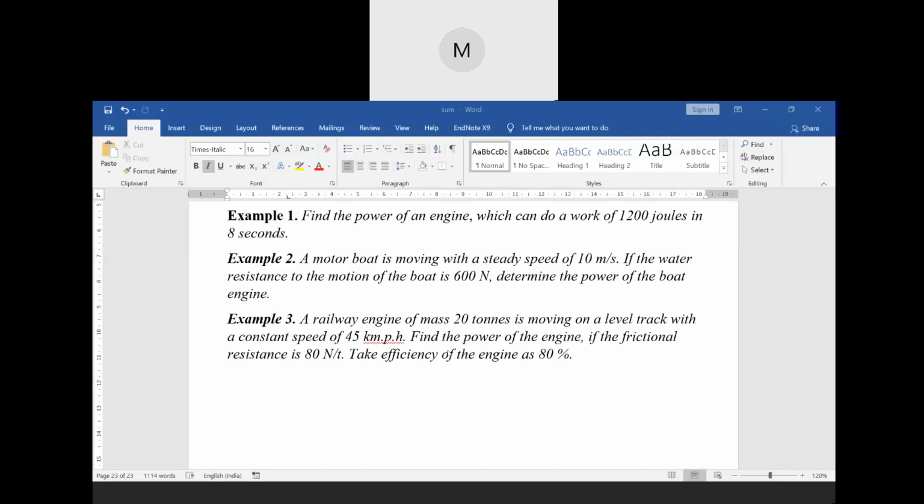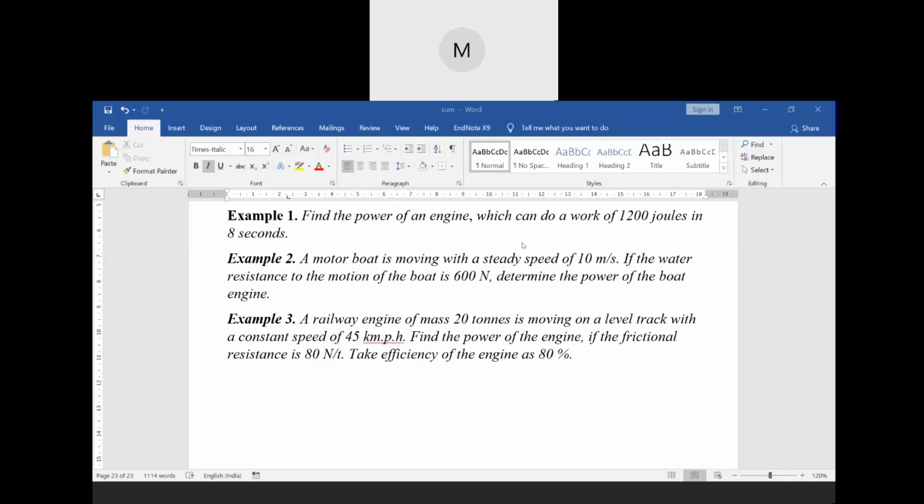Sir, to find out power, we have W by T, and in W we need F. हाँ, F को निकालना है यहाँ फ्रिक्शनल रेजिस्टेंस से 80 into 20. The expression will be like this, no? Yeah, many people got the answer. Good, very good.